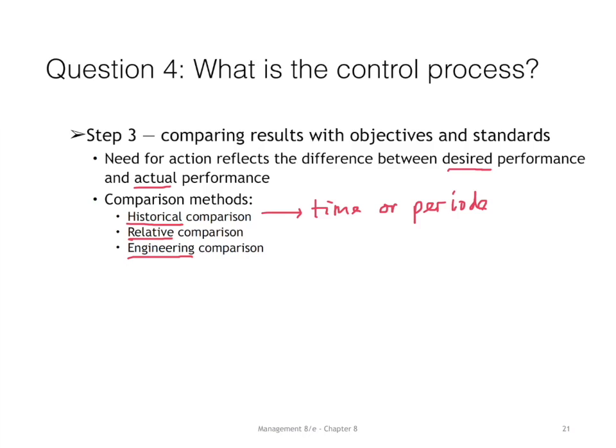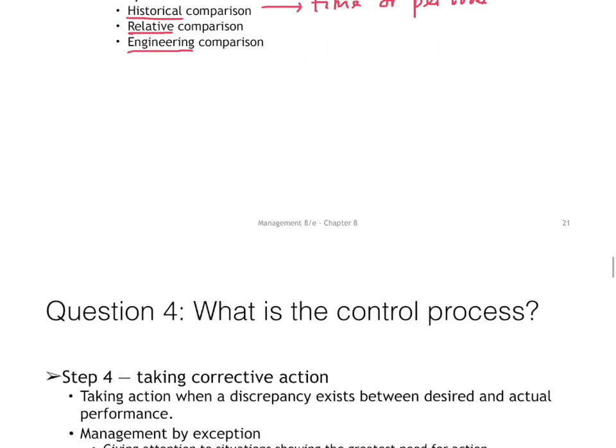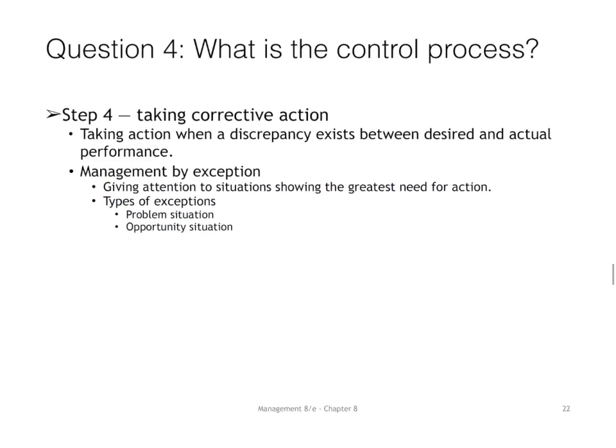Relative comparison: we compare our result to another organization, might be similar to our organization, about their result. That is the relative. An engineering comparison is very specific to the engineering space.